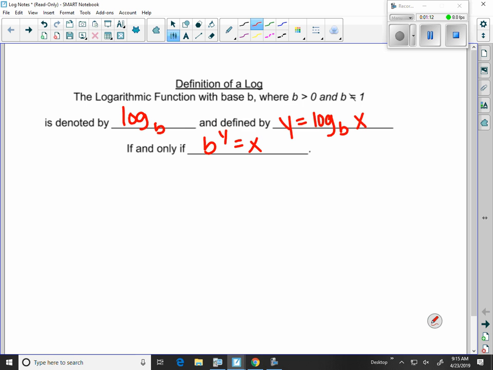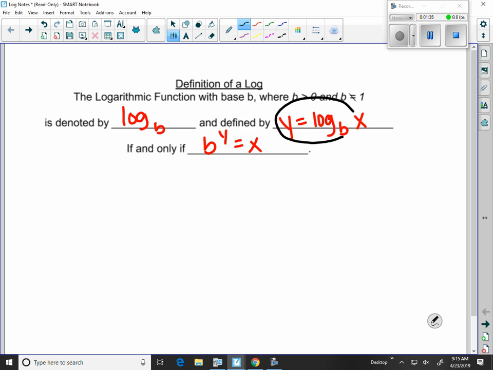So I'm going to show you how I get from a log to an exponential. We always start with the base. I go to the y, and then I come back around to x. So b to the y equals x. So that's how you go from the log to the exponential.